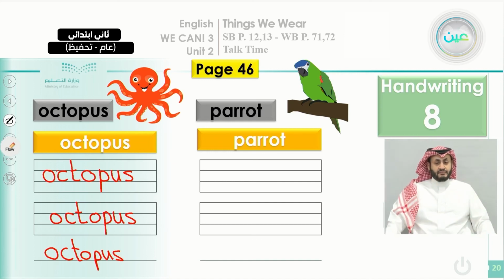You say octopus. That will help you remember the word and make it part of your vocabulary. So this is octopus. Now let's move to the second one, which is about a parrot.